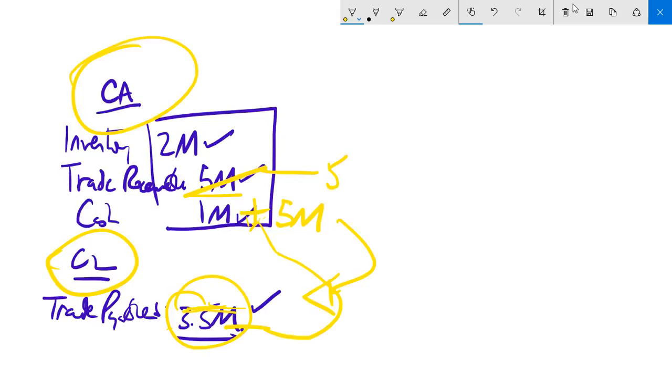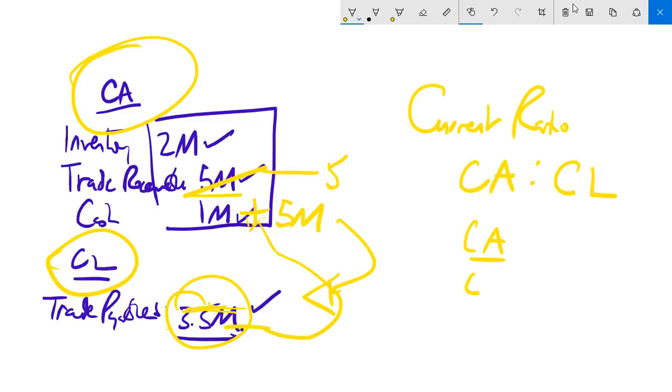And so the first ratio we always talk about is the current ratio, which compares all our current assets to all our current liabilities. Some people say CA over CL, some people say CA to CL. In this scenario, what we have is 8 million to 3.5 million.